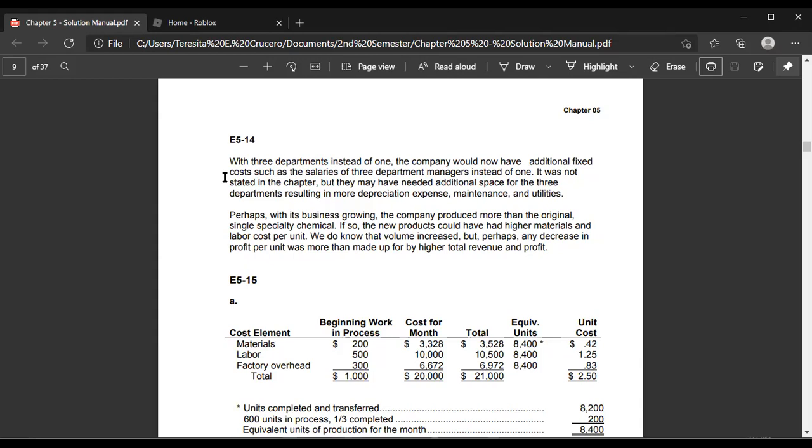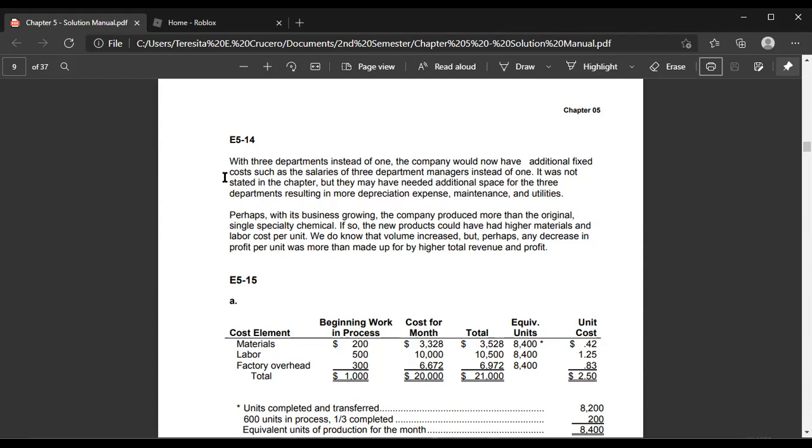So in problem 14, with three departments instead of one, the company would now have additional fixed costs such as the salaries of three department managers instead of one. It was not stated in the chapter, but they may have needed additional space for the three departments, resulting in more depreciation expense, maintenance, and utilities.